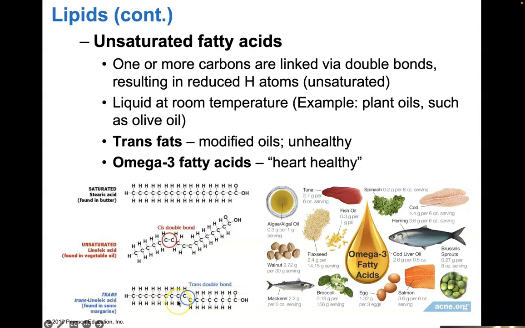Because you can see they don't have these big kinks like the unsaturated ones do. And so we used to use them in a lot of foods to extend shelf life.